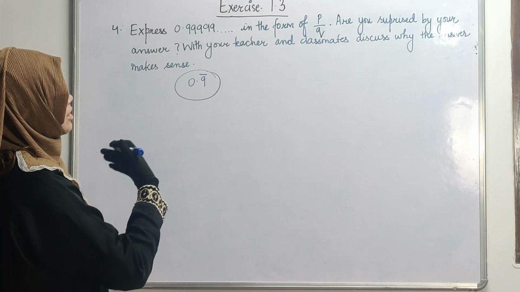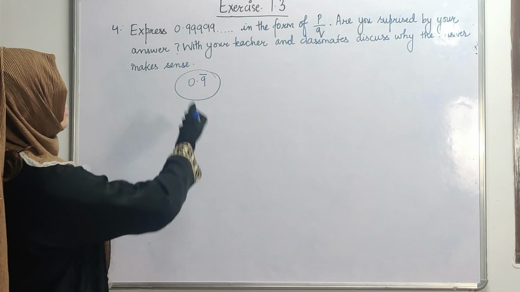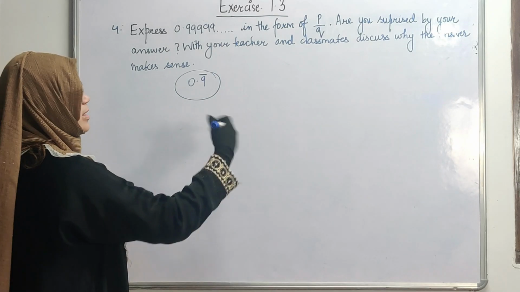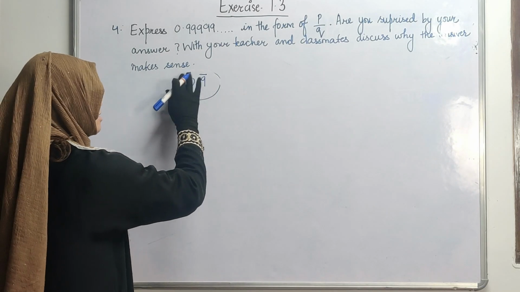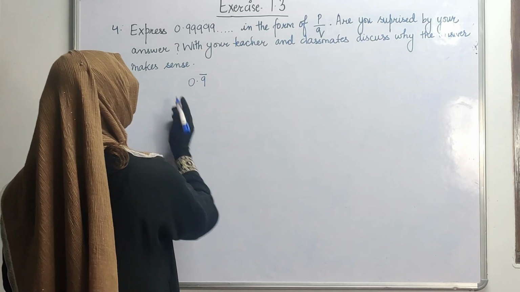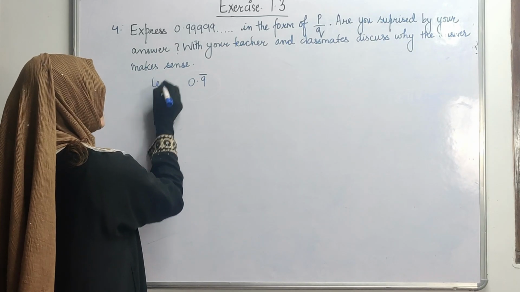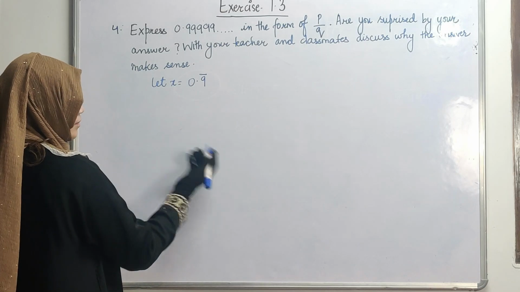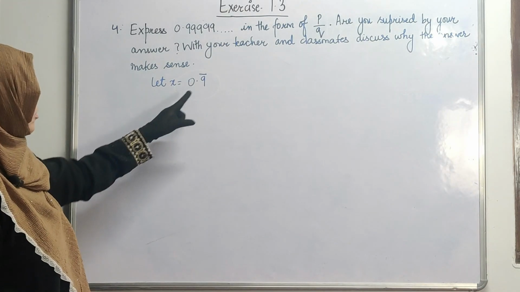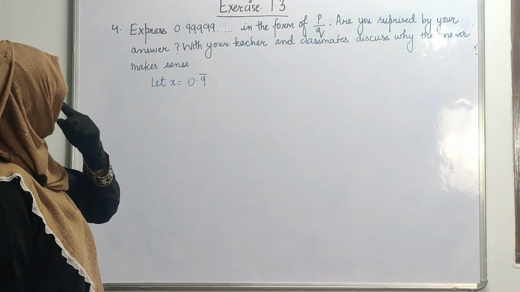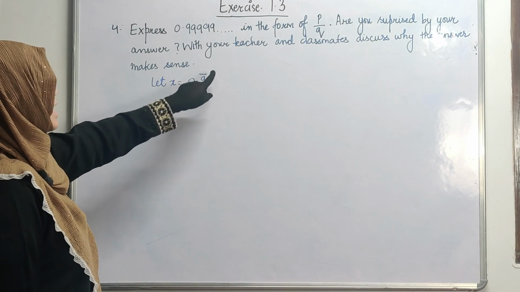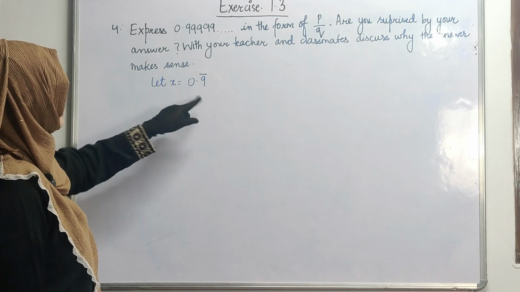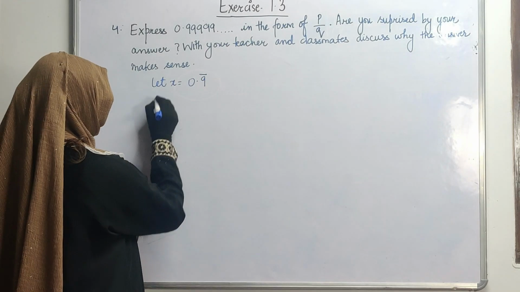We have done in question number 3. How can we write 0.9 bar and 0.6 bar in the form of P upon Q? Yes, by assuming this number as x. Let x is equals to 0.9 bar. Here you can see that 0.9 bar, only one digit has a bar, so we multiply it with 10.